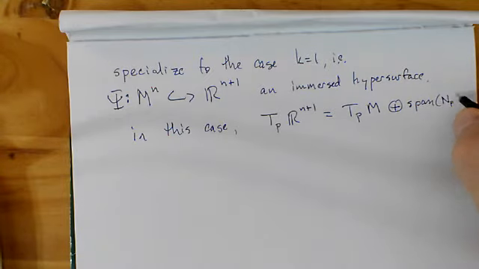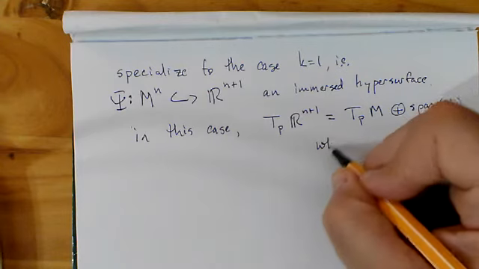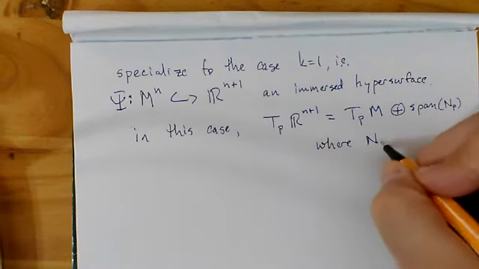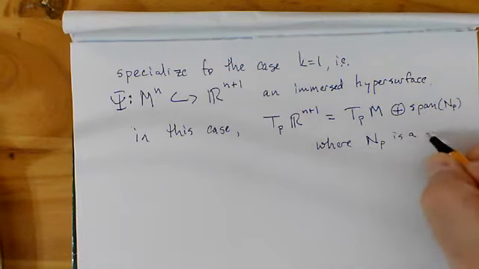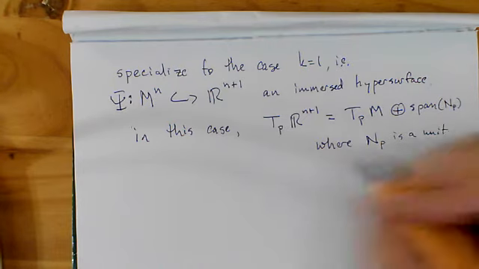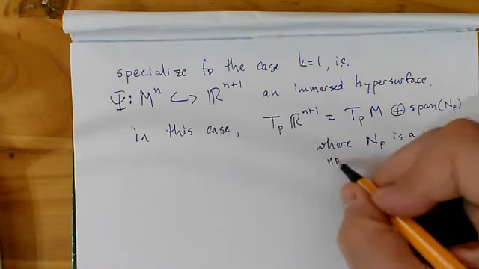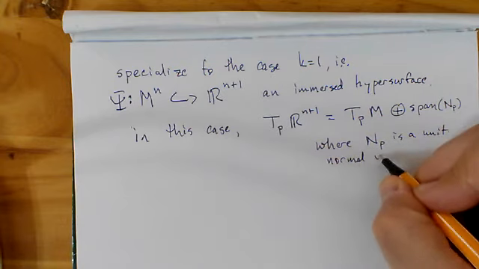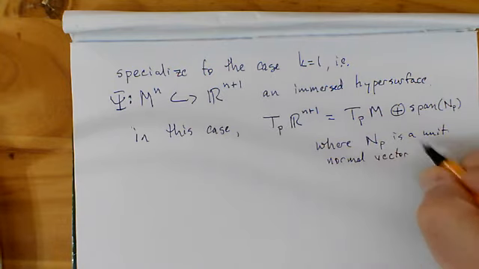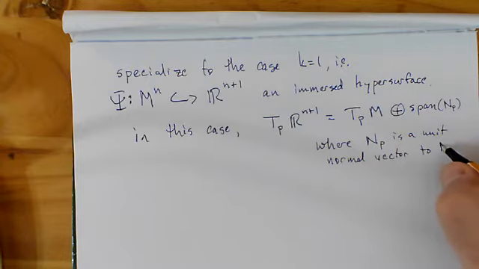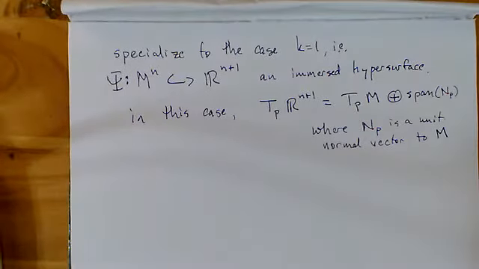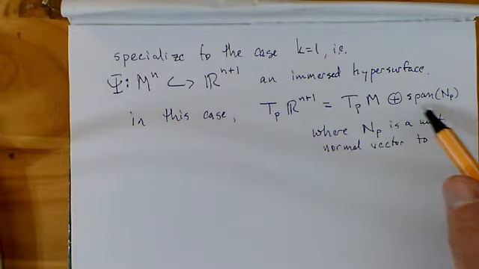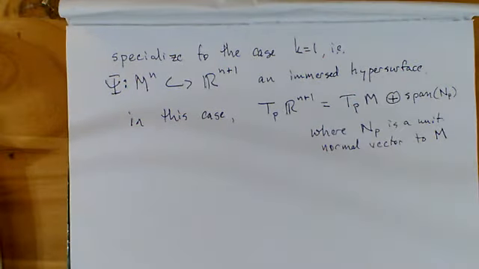So here I can choose some unit normal vector, and then I can write that normal space as the span of one single vector.